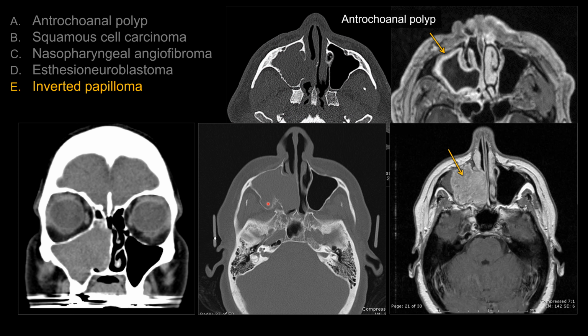For choice C, nasopharyngeal angiofibroma, recall that's a lesion that's vascular and occurs almost exclusively in young boys, so adolescent boys, teenage boys. The classic presentation is massive nose bleeding, or nosebleeds that are out of control, sometimes after minor trauma.